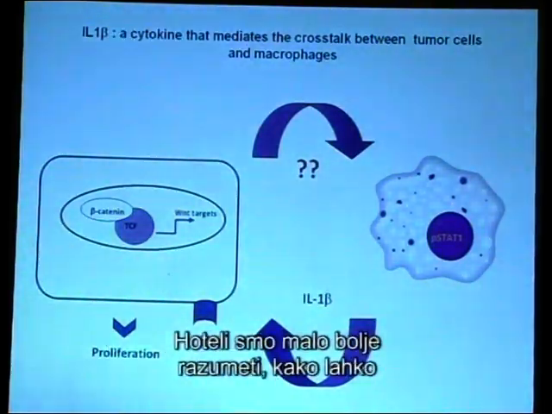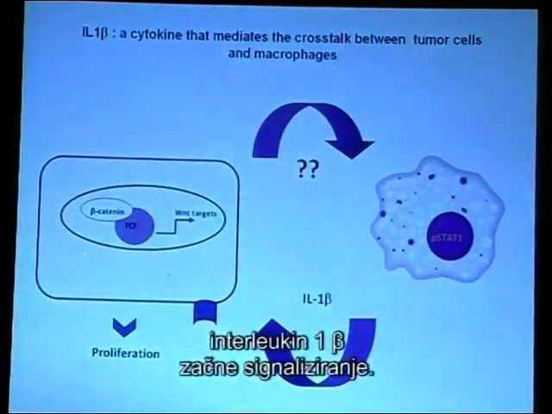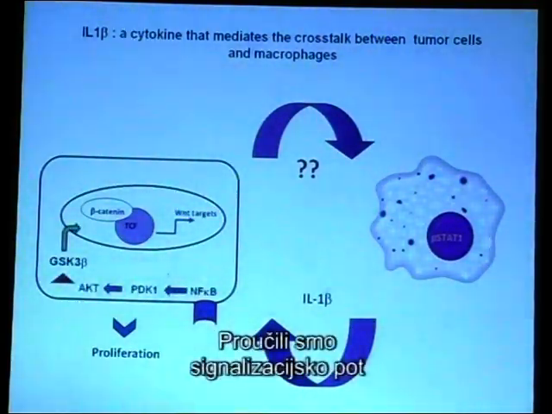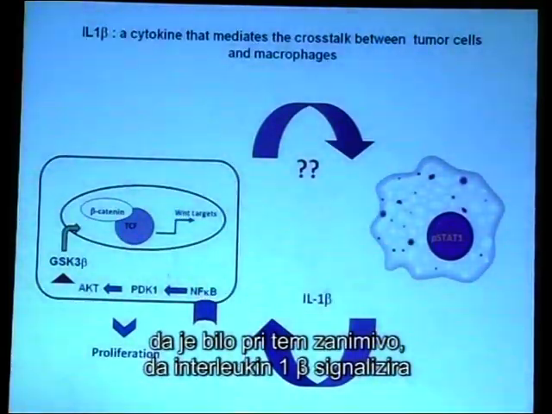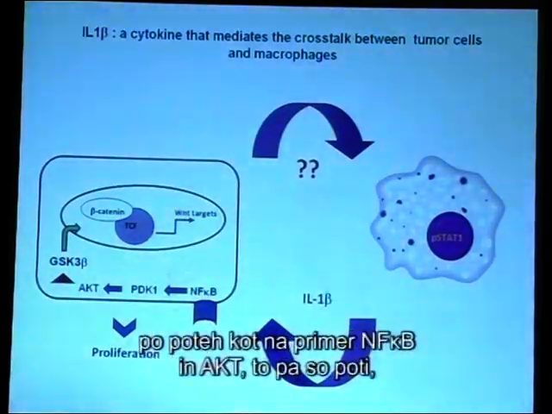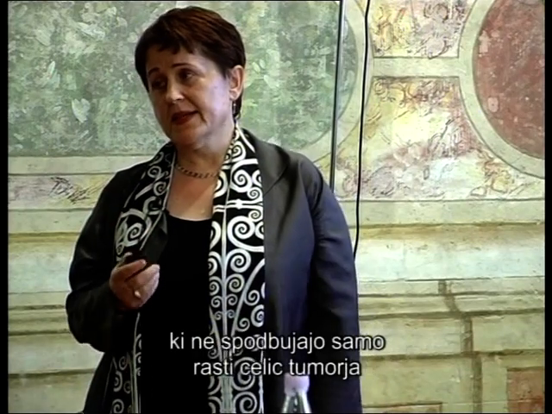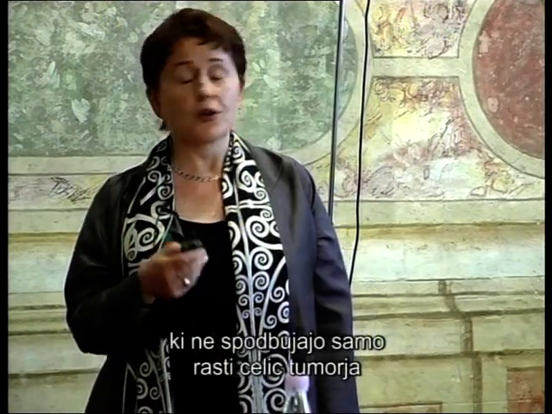So we wanted to understand a little bit how interleukin-1 beta is able to induce Wnt signaling. We worked out the pathway, and I will not talk about that, just to say that an interesting thing was that interleukin-1 beta signals through pathways such as NF-kappa B and AKT. And these are pathways that not just promote growth, but also promote survival of tumor cells.